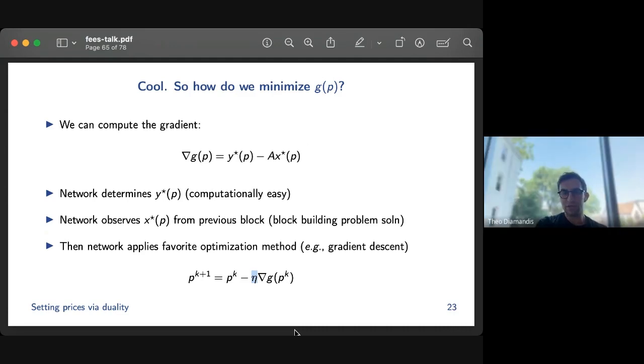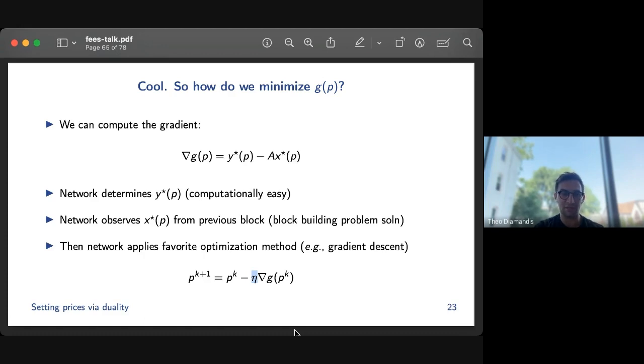Yeah, exactly. So this is equivalent to the step size or the learning rate in gradient descent. You could also generalize this to be a diagonal matrix, so you can pick a different step size or learning rate for every single resource. Maybe there are certain things that you want to adjust very quickly based on demand, and others that you want to adjust more slowly.